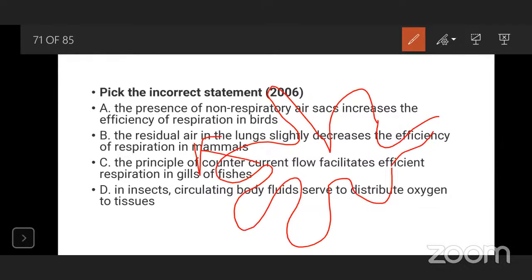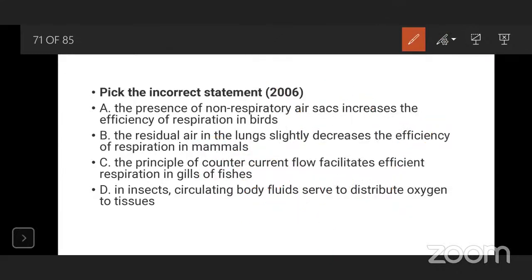You must have learned about this in the first year, right? In the aves, because of these non-respiratory air sacs, they store the excess amount of air or oxygen, which increases the efficiency during flying. That's why they are able to fly continuously for hours together, because of the stored oxygen in their air sacs.